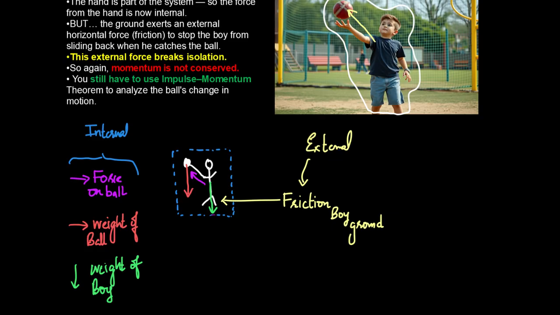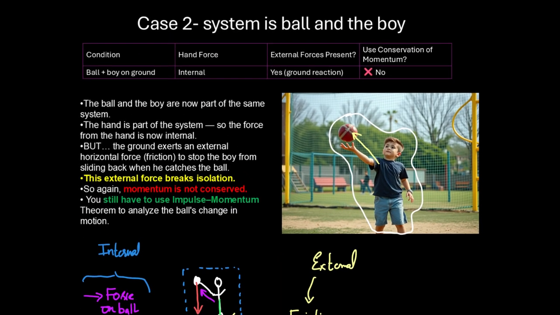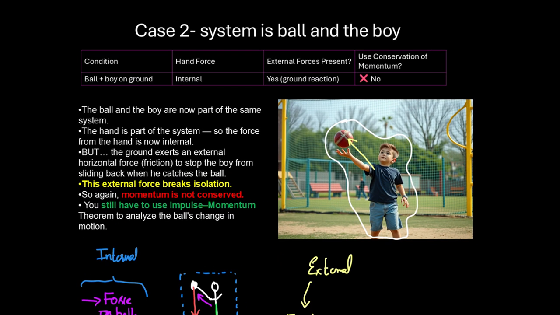The only force that is acting from outside, the external force, is the friction, because friction is acting on the boy from the ground. So the ground here is not a part of the system. Why? Because the system is considered to be only the ball and boy.